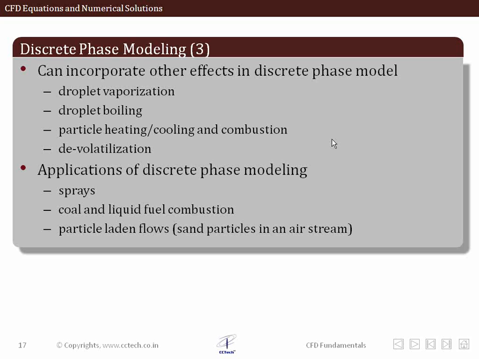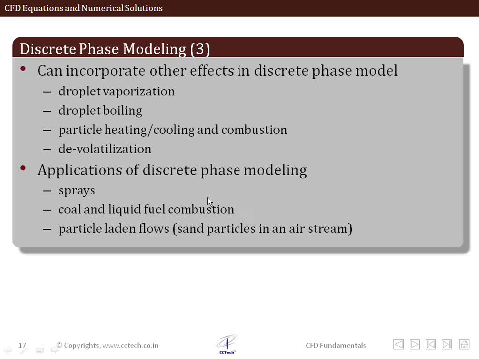Such discrete phase modeling, or the Eulerian-Lagrangian approach as it is called, because the fluid is solved in the Eulerian frame and the particles in the Lagrangian frame, has great applications for modeling sprays, in some cases coal and liquid fuel combustion, and in some specific cases particle-laden flows, like a pneumatic conveyor. This can be solved by applying such an Eulerian-Lagrangian combination.